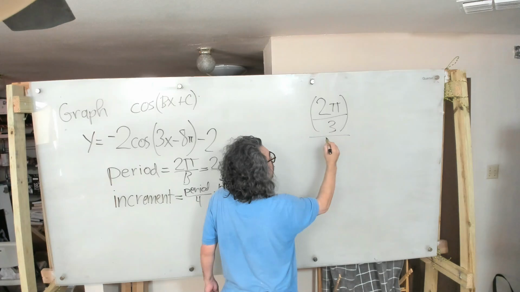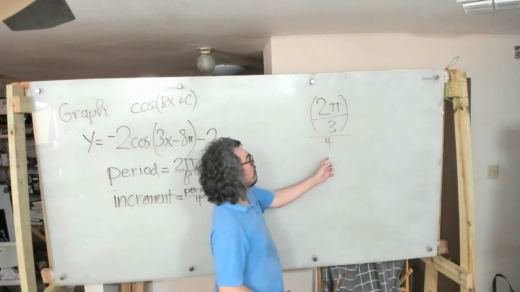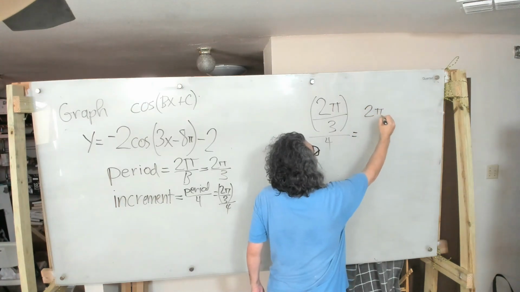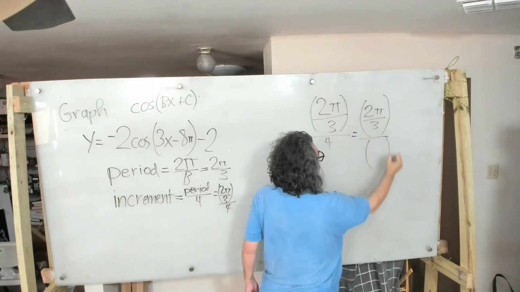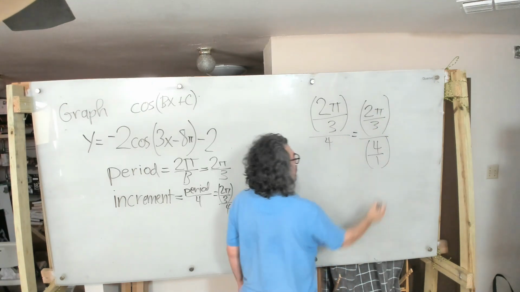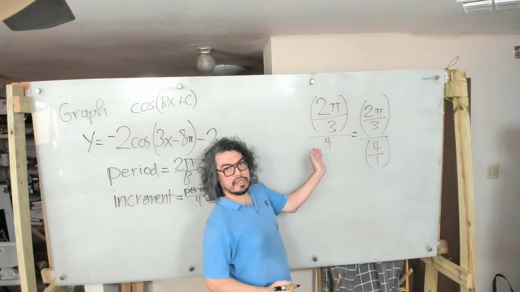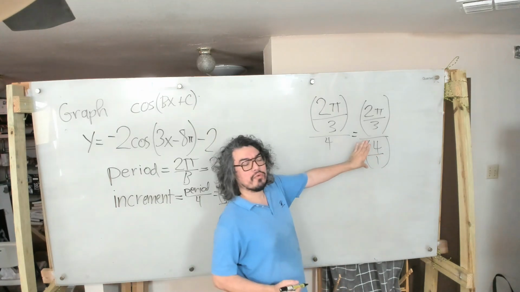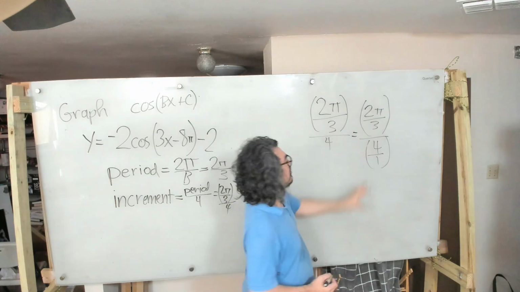So if I take 2 pi over 3 and divide it by 4, I don't know how to divide it by a whole number like that. So what I can always do is say it's 2 pi over 3 divided by the fraction 4 over 1. Because of course we know that the fraction 4 over 1 is the same as the whole number 4. But now we know how to handle this because whenever we divide by a fraction, we multiply by the reciprocal.